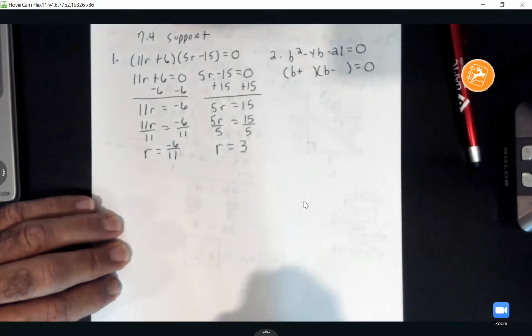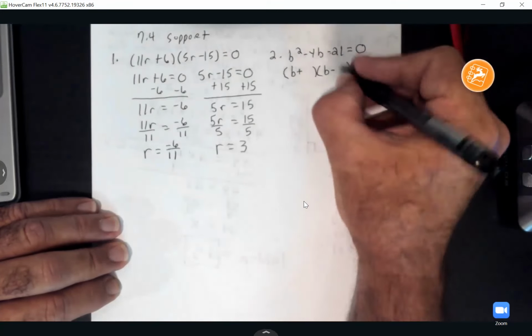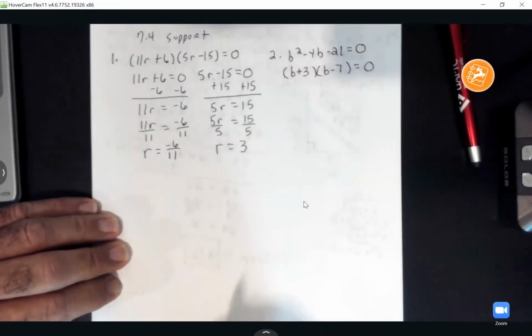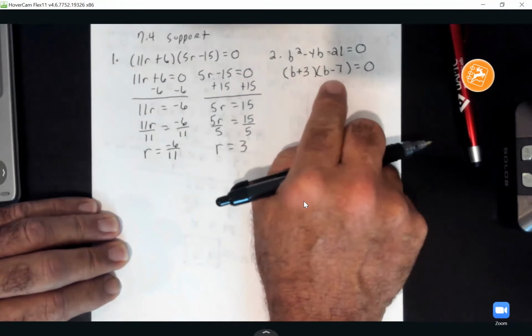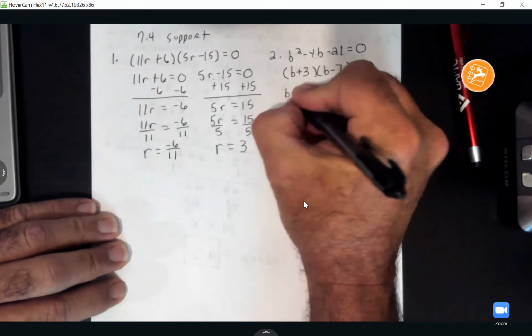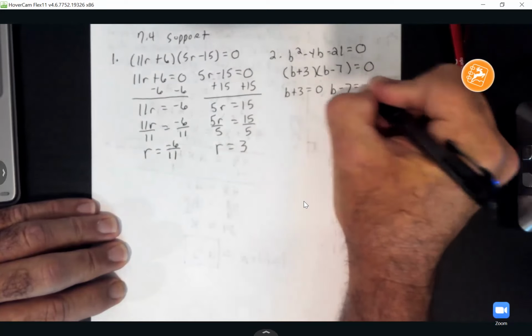7 and 3. Now remember, 7's the larger number, has to be negative like the middle, and then the 3 will be the positive one. So if you add 3 and negative 7, they equal negative 4. And then y'all, the rest of this. Could you explain why you put the 3 and 7 there again?